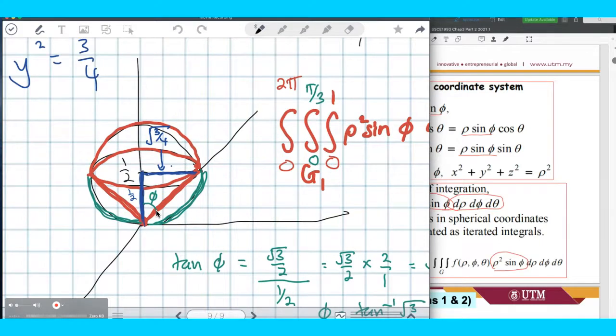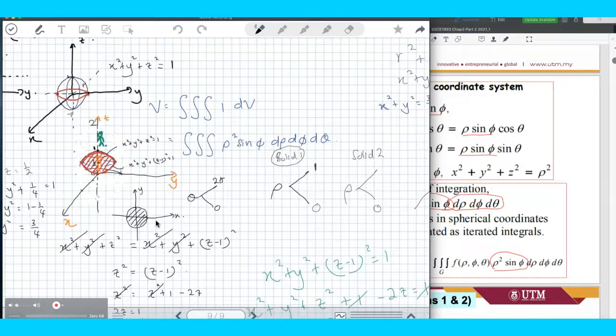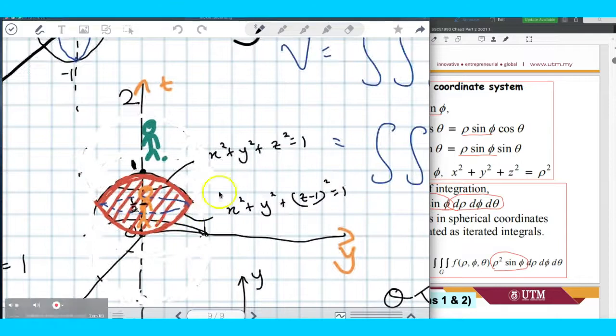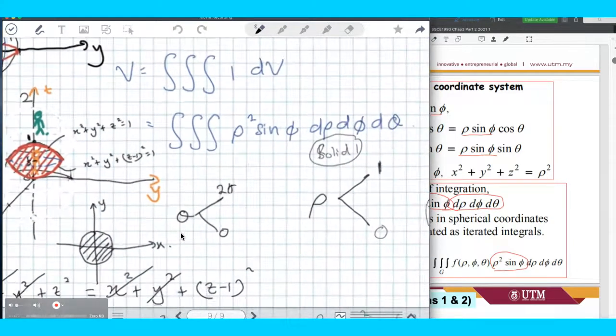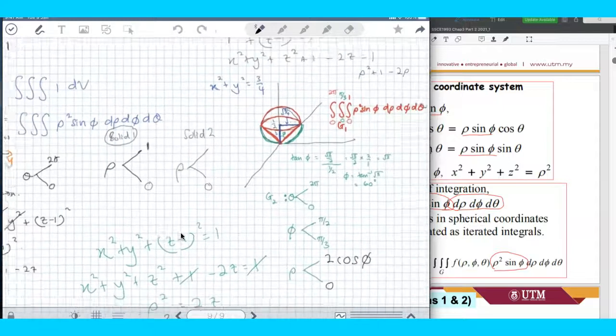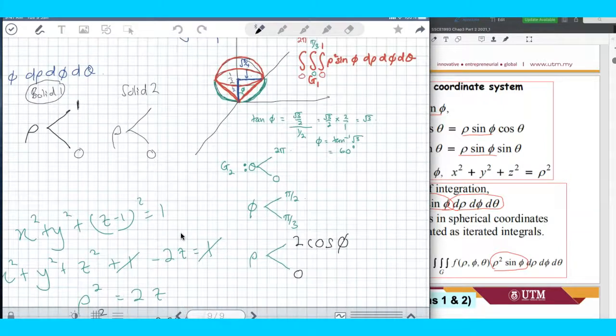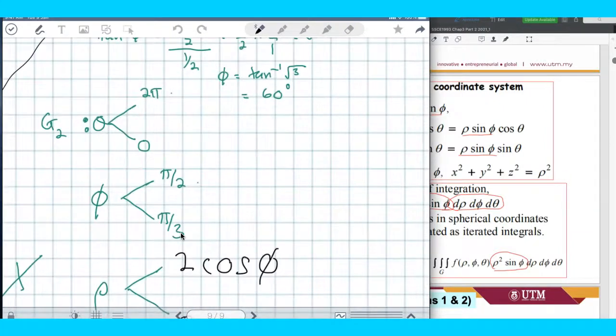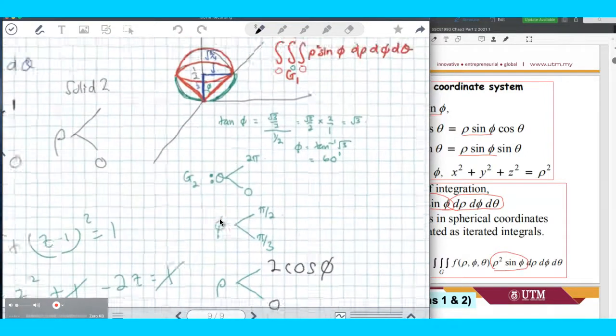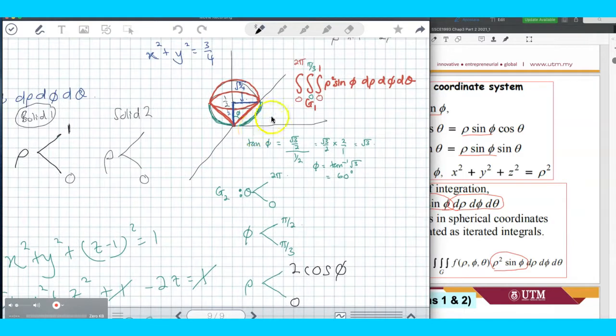So for the balance solid, phi should start from pi over 3 to, as you can see from that solid, this one, so it looks like phi equal to pi over 2, right? The highest angle should be 90 degrees.